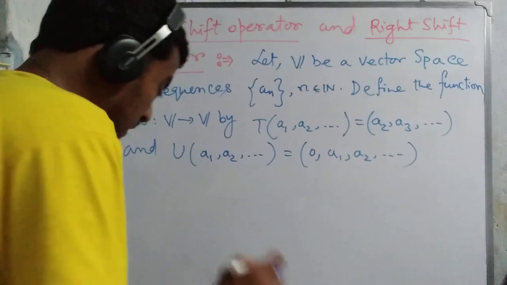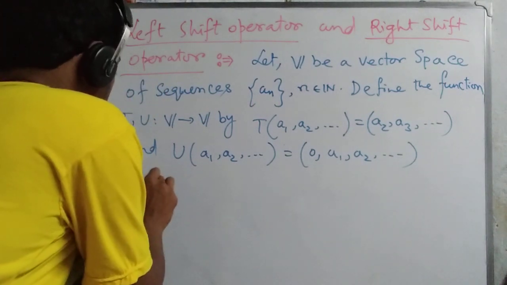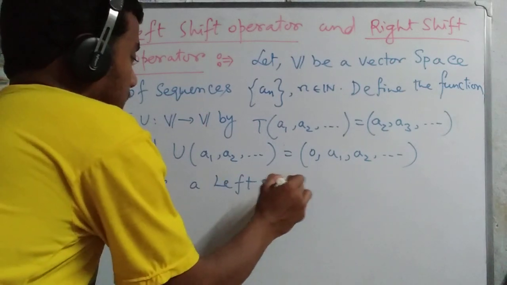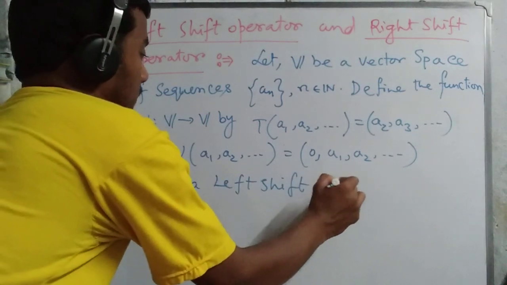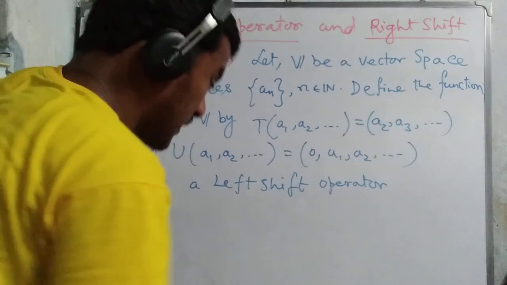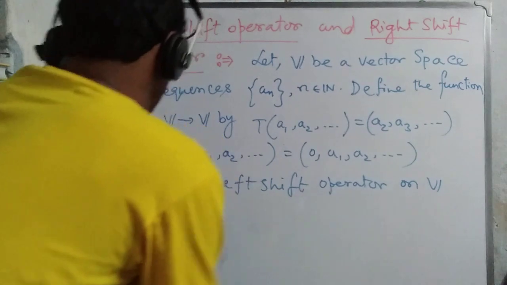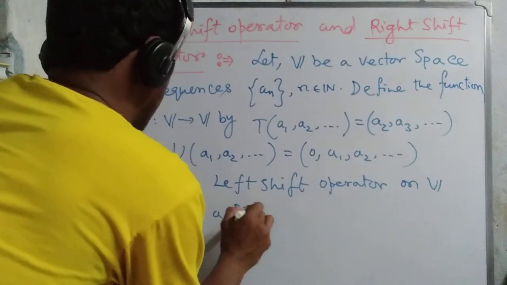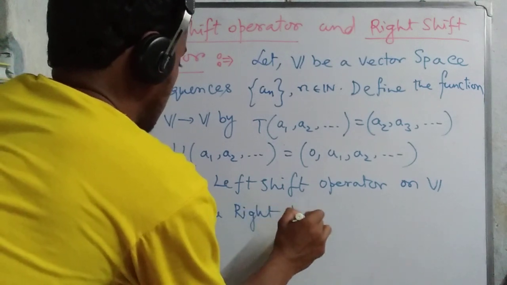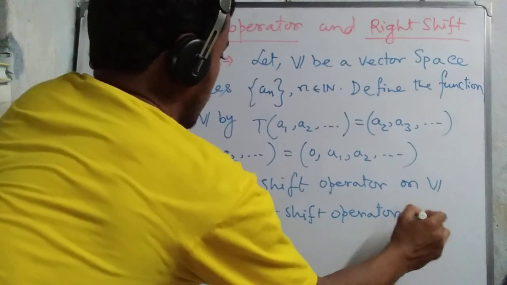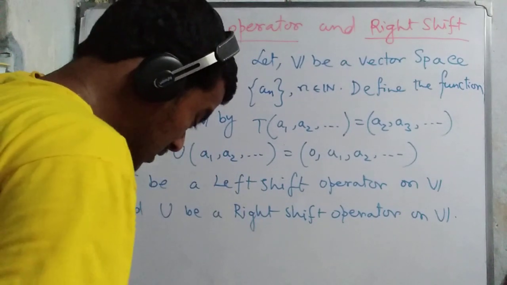Then T be a left shift operator on V, and U be a right shift operator on V. Understood?